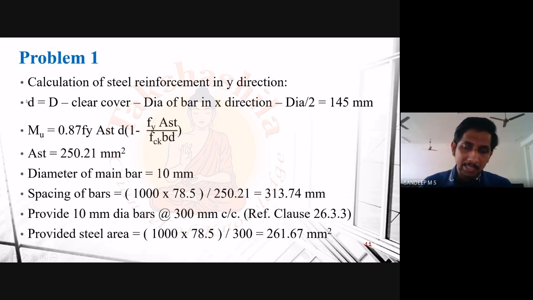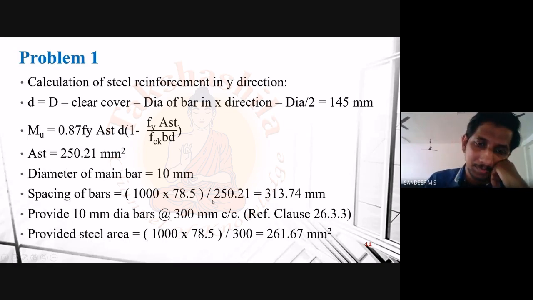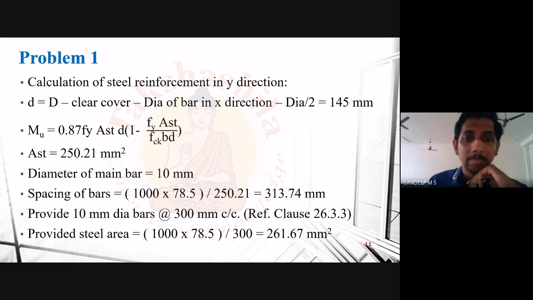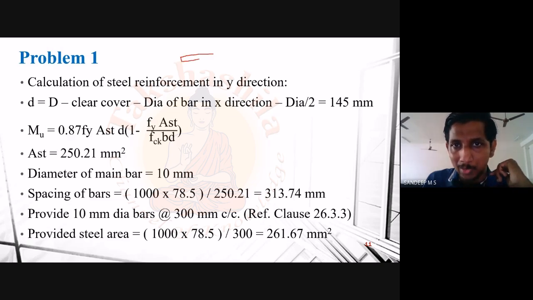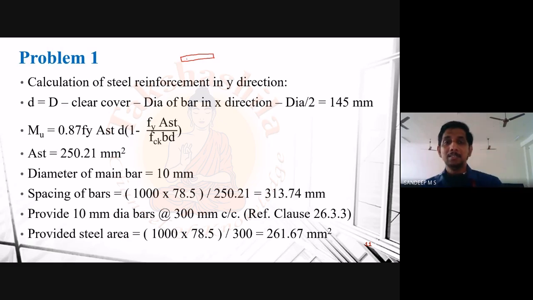When you calculate the effective depth, what will happen is that, actually I do not have the digital pen now, so I will try to draw using my mouse. So please cooperate, I am drawing with my mouse, so it won't be perfect. Basically we have already designed some reinforcement which is spanning in this direction, that is your x direction.